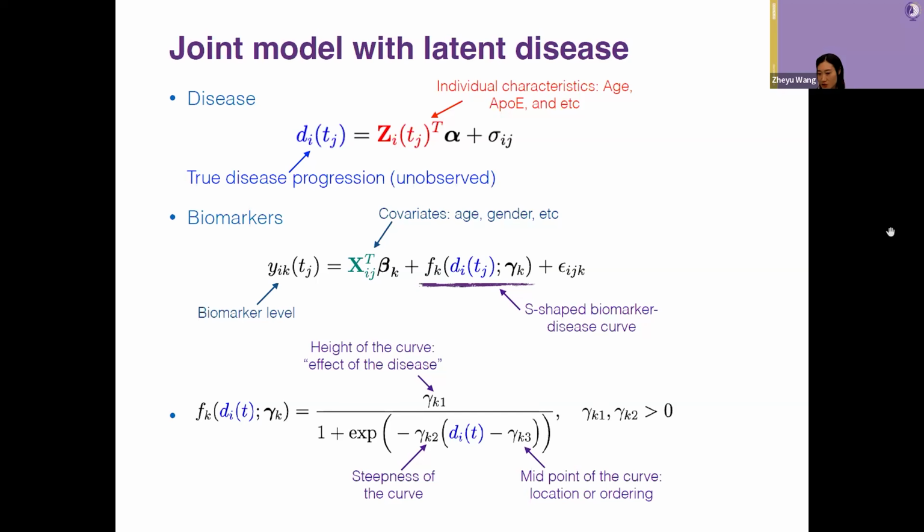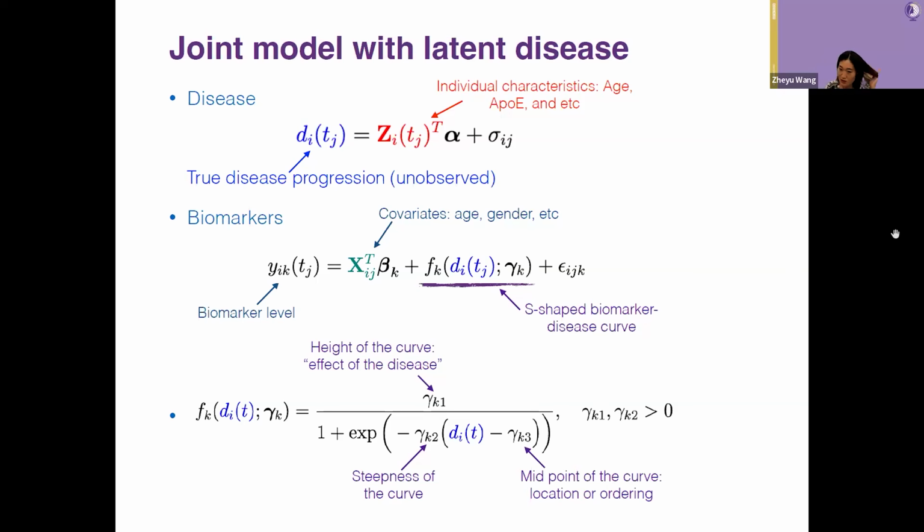F is an S-shaped curve of the latent disease. We also have covariates in the biomarker, for example a normal aging effect, that also affect the biomarker but are separate from the latent disease.